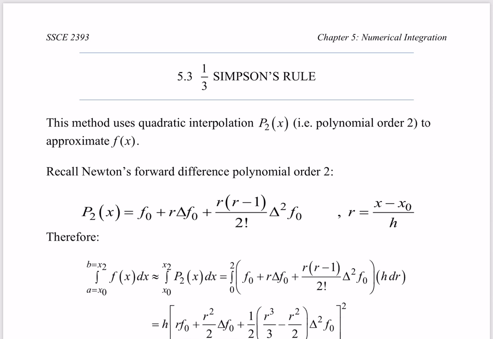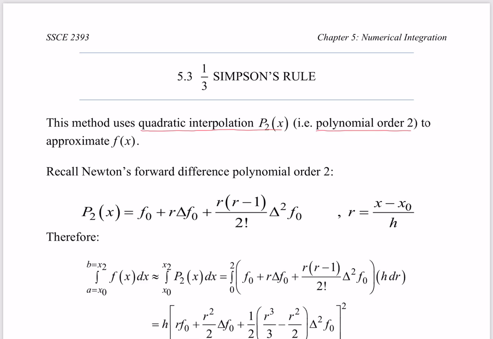And now, as a continuation of the trapezoidal rule, we want to discuss what the 1/3 Simpson rule is. Because it is a continuation, it has the same idea. Instead of using linear interpolation to approximate our function f(x), in the Simpson rule we use quadratic interpolation p2(x), or polynomial of order 2, to approximate f(x).